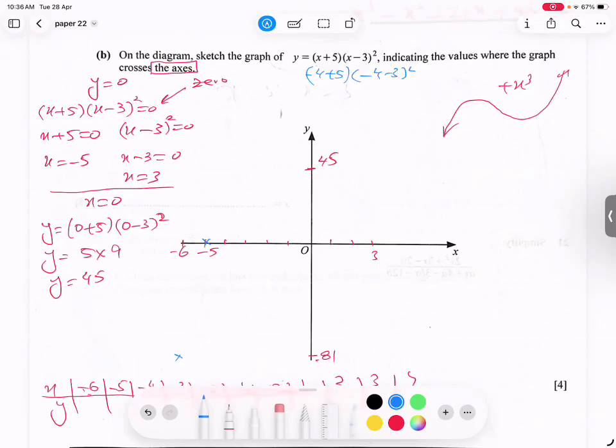I'm getting here 1 and I'm getting here -7 square, positive 49. It means the value is coming 49, slightly above. So it means this and this. So we are getting somewhere here. And I'm putting in this value, students. So naturally the curve is going up. You can see the graph is going up.